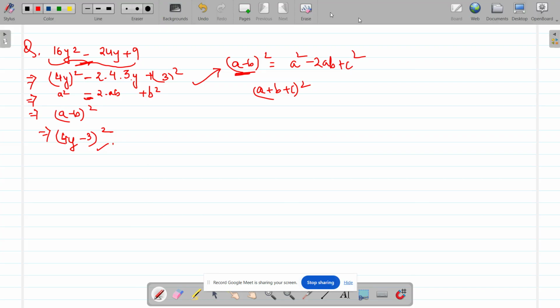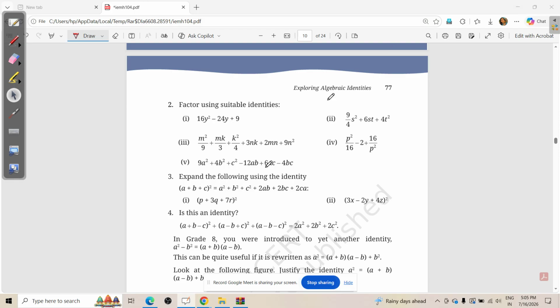Let's solve the next question. You will understand. The next question is 9 by 4 s square plus 6st plus 4t square.